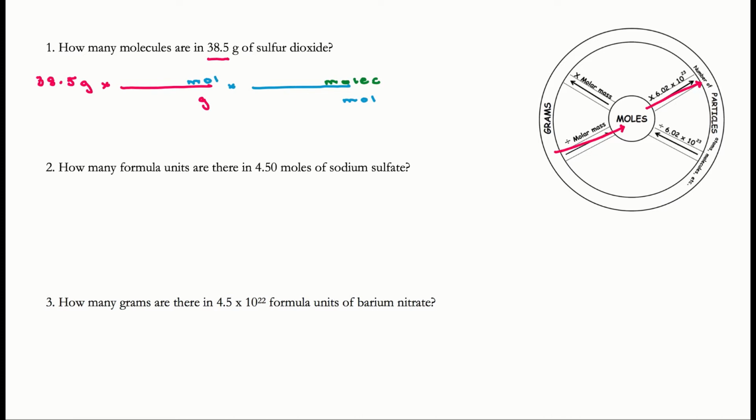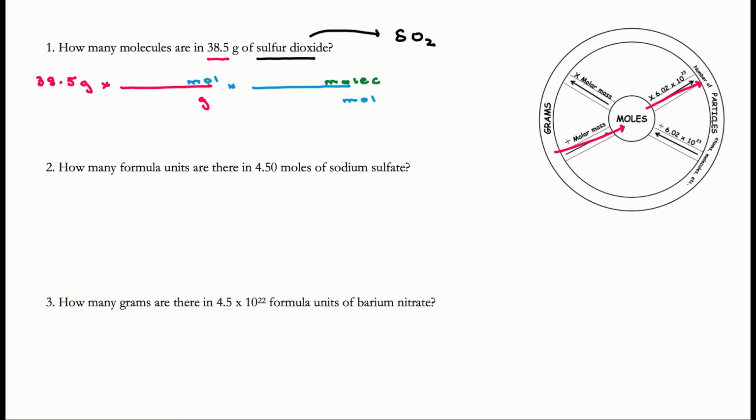Well, grams to moles, the conversion factor for this, to go from grams to moles or moles to grams, is going to be my molar mass. Well, I got to figure out the molar mass of sulfur dioxide. The formula for it is 1 sulfur and 2 oxygens. So the molar mass for that, I'm going to take the molar mass of sulfur, 32.066, and add to that the molar mass of oxygen, which is 15.999, multiplied by 2.